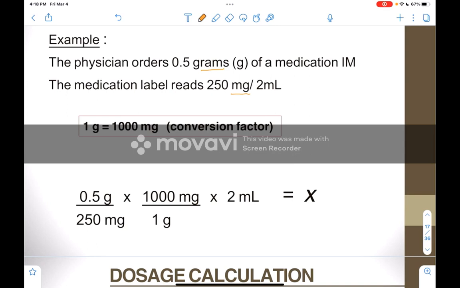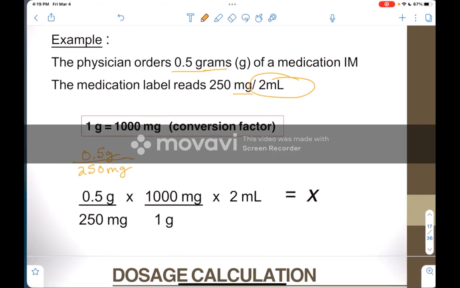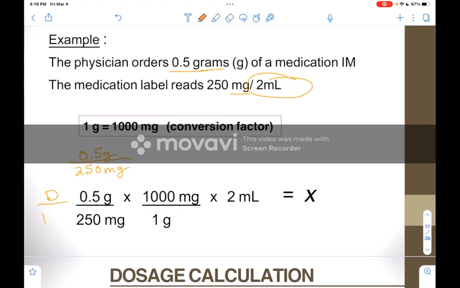We want to go from 0.5 grams, and we have 250 milligrams, right? So we're going to stick in that conversion factor there before we take care of the amount, the quantity. So this is still dose over what we have on hand times the quantity, but we're just adding in that conversion factor in between.